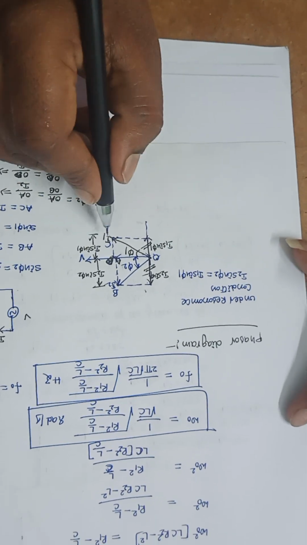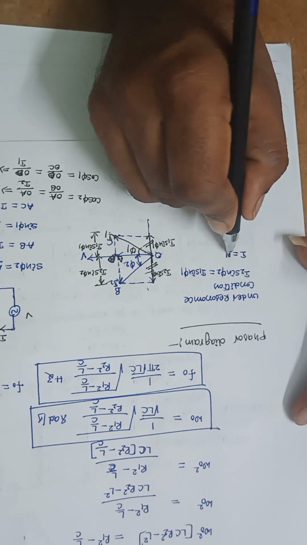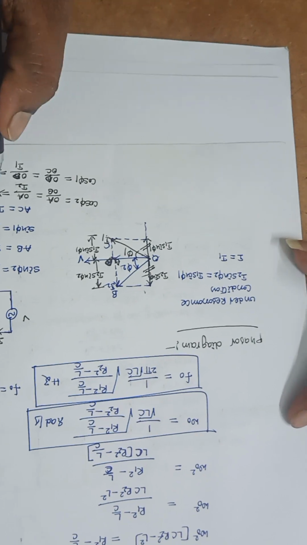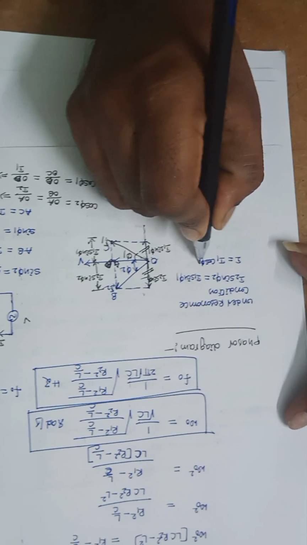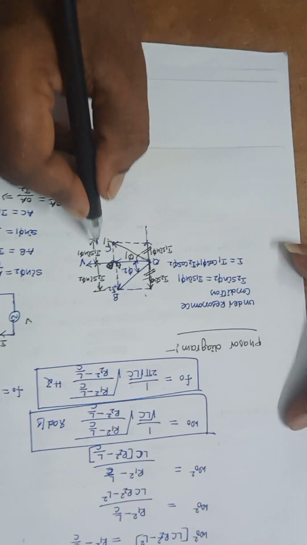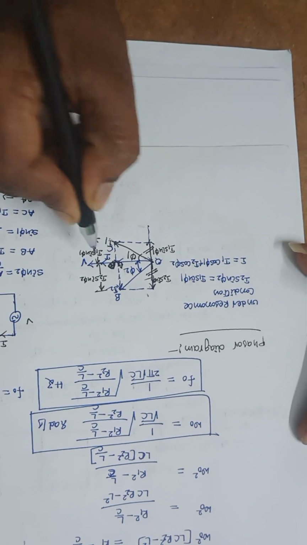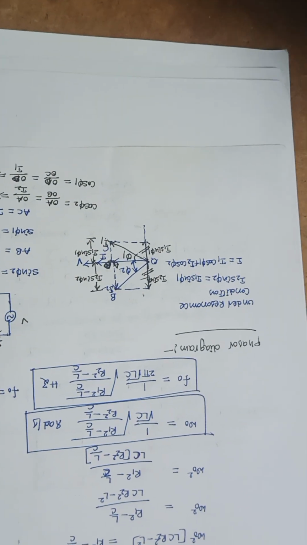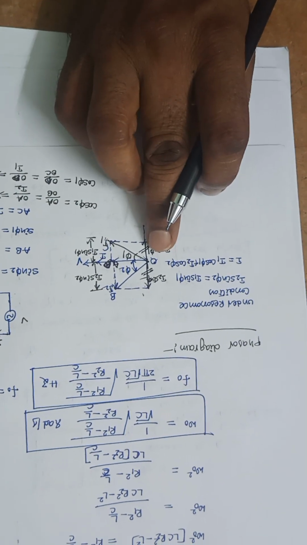And this current I is the summation of the components, OA plus OD, that is I1 cos phi 1 plus I2 cos phi 2. So I is equal to I1 cos phi 1 plus I2 cos phi 2.